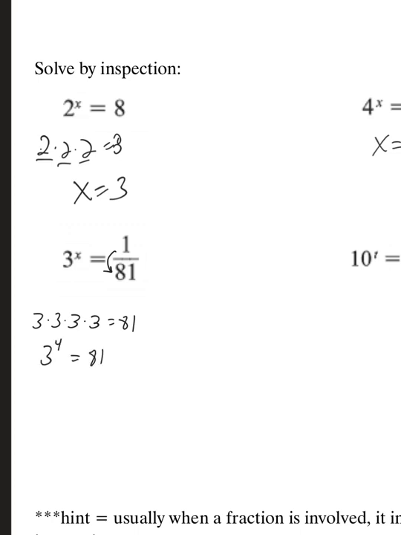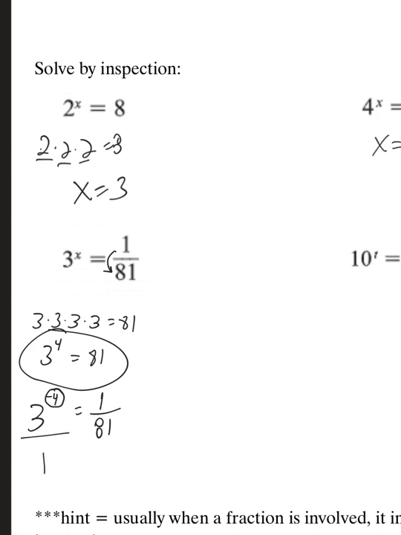If I wanted to figure out how I could change this so that it becomes 1 over 81, I implore you to remember what you have to do to the exponent to move the power to the other side of the fraction bar. The exponent would need to be negative.